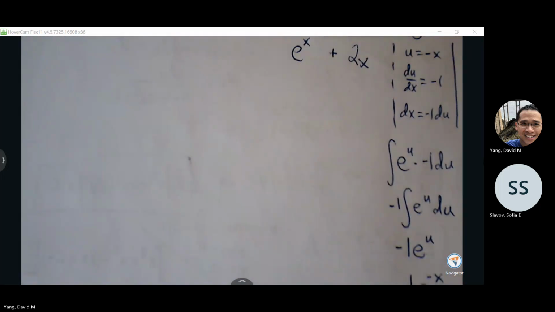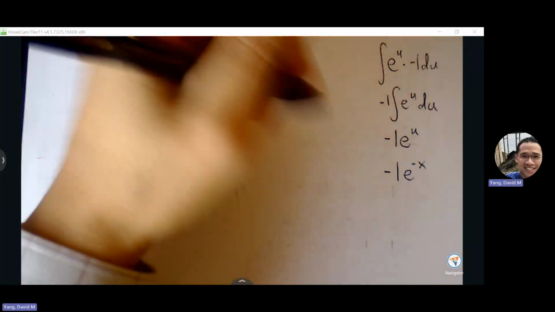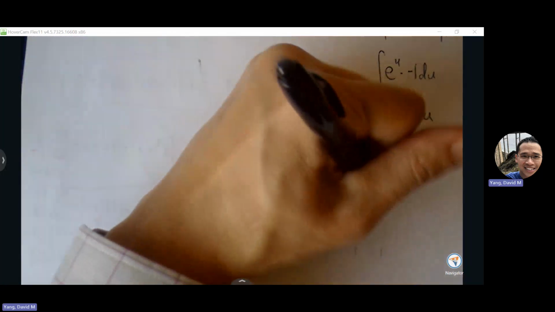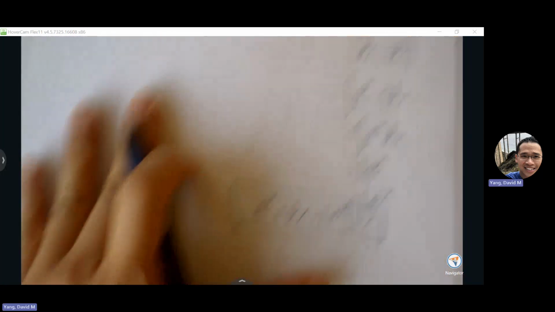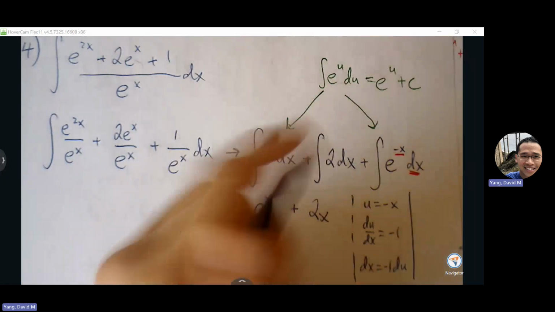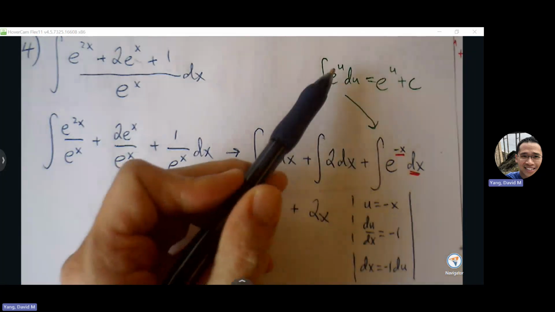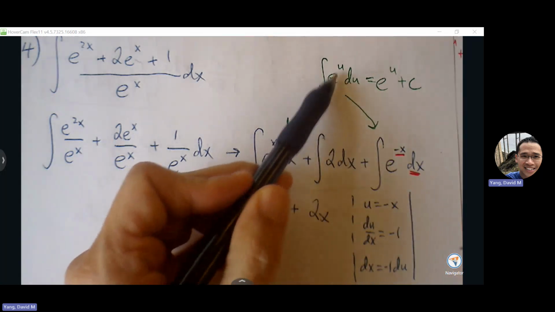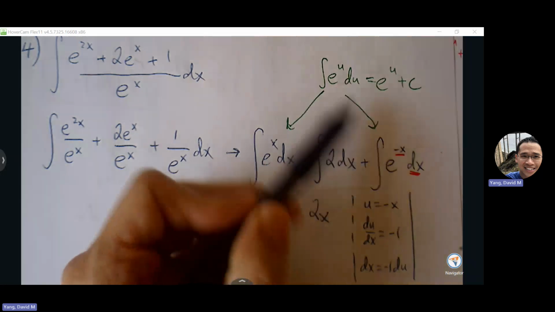Then we can bring that up, plus c. Because I saw that this looked very similar to this e to the u rule, so it just made sense to me to work towards this rule because that's the closest match.